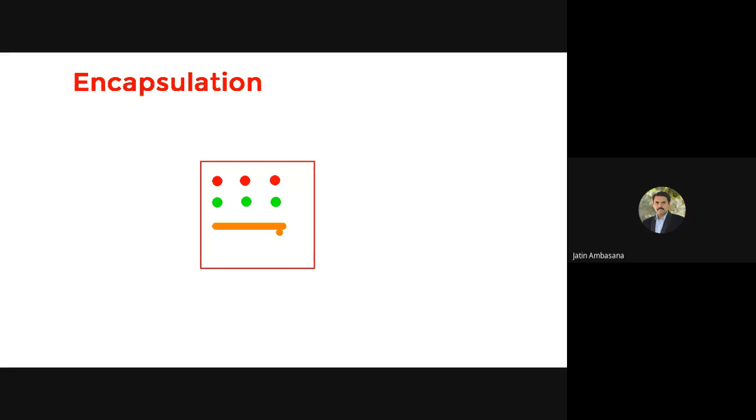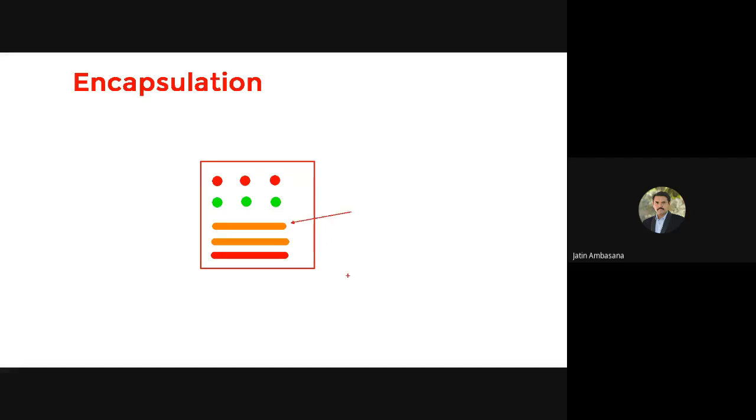Let's suppose you have methods also. Fine. So what are these? These are all methods. And what are these things? These are all variables. Now see, this red means private variable and green means public variable.